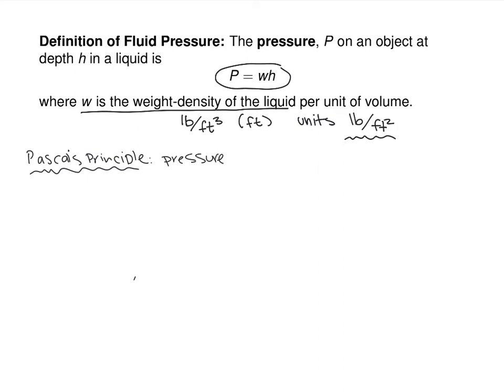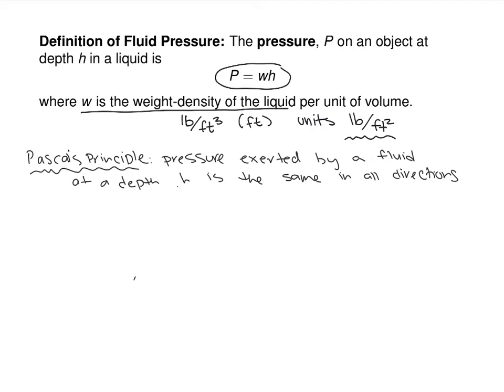The pressure exerted by a fluid at a depth h is the same in all directions, assuming that your depth is the same. So if you have a point at a specific depth h, the pressure on the top is the same as on the sides and on the bottom.